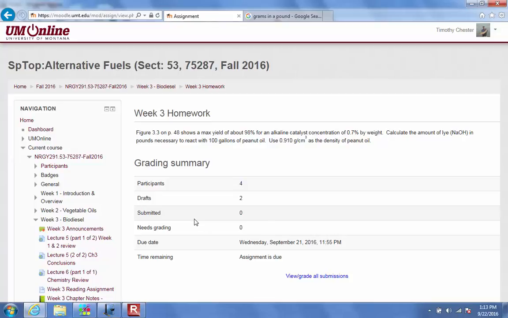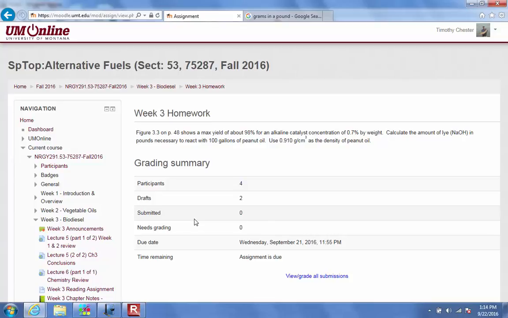Looking at the question right here, we're looking at 98% yield for an alkaline catalyst, concentration of 0.7% by weight. So maybe not any information in that sentence yet. Calculate the amount of lye in pounds. So I know right off the bat my answer that I'm looking for is in pounds.